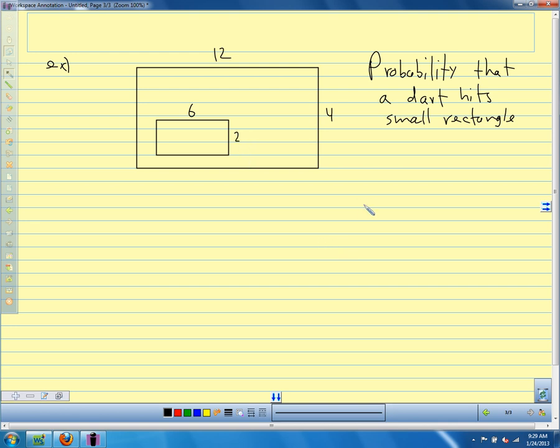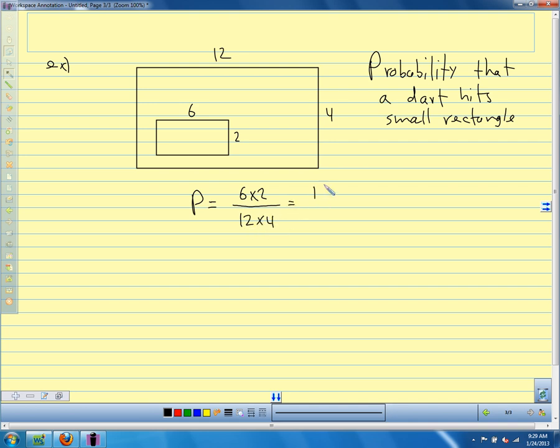So how are we going to find this probability? Got to find the areas. So what's our favorable area for this one? The small rectangle, and the area of that small rectangle is what? 6 times 2, 12. I'm just going to write those in just so we have them there. And what's the total area? 12 times 4, the area of the big rectangle.